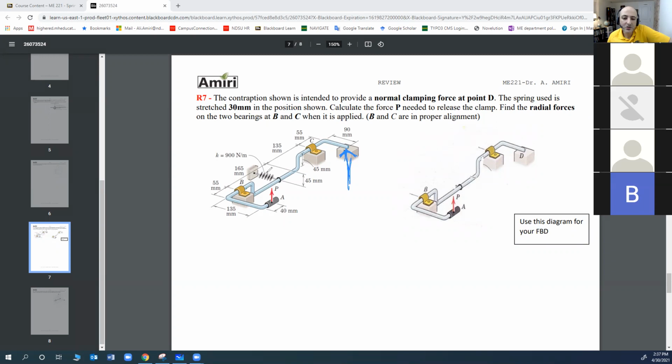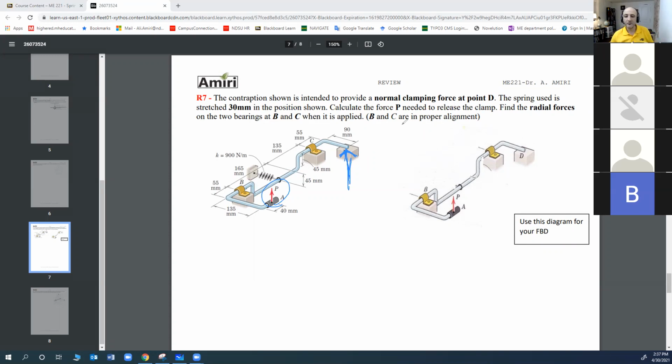Okay, so it's already stretched because it's keeping this down. In the position shown, calculate the force P, where is P? Right here, needed to release the clamp. Find the radial forces on the two bearings at B and C when it is applied. B and C are in proper alignment.